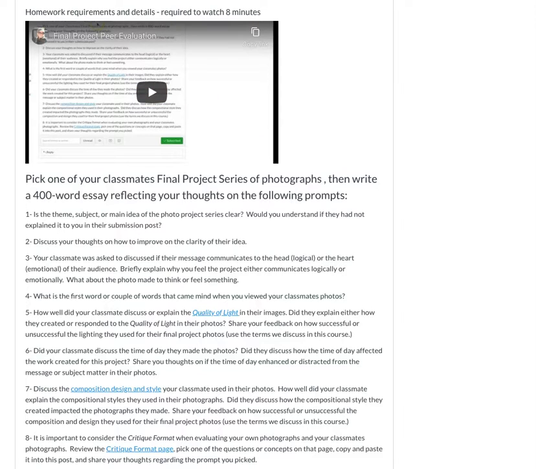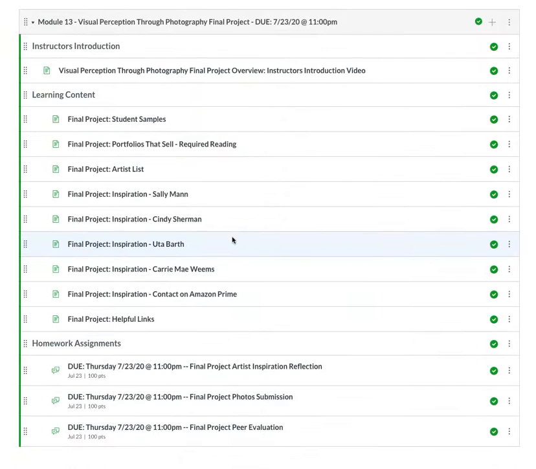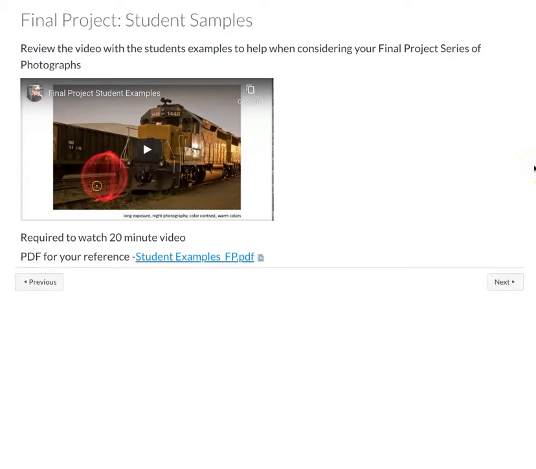So that gives you a sense of what the final learning unit is about regarding your final project and the things that you need to cover. Be sure to reflect back on all the different learning units and use the language that I've been presenting to you in your final project essay.